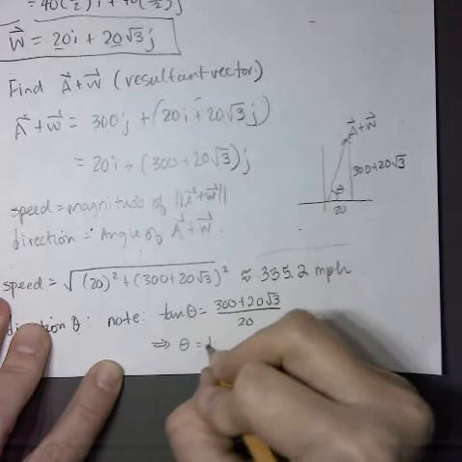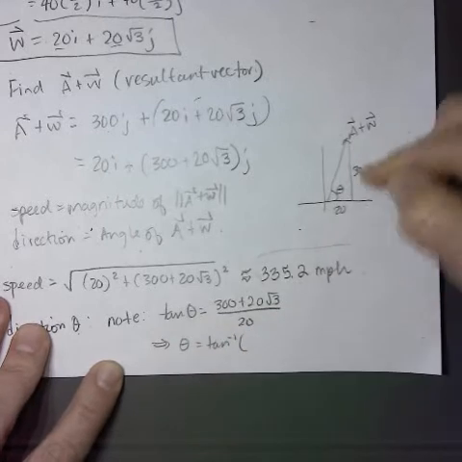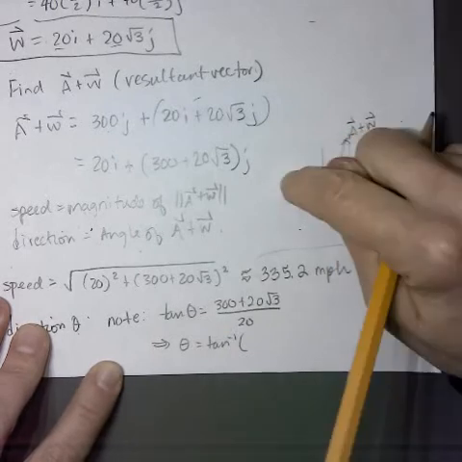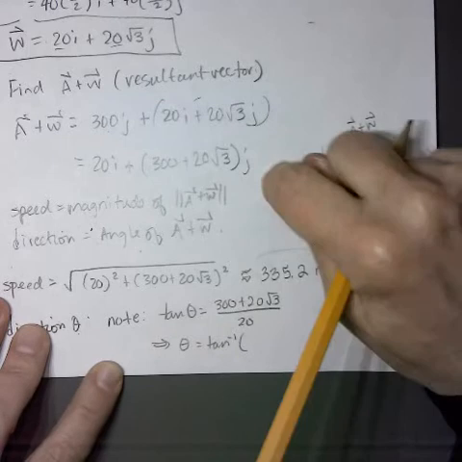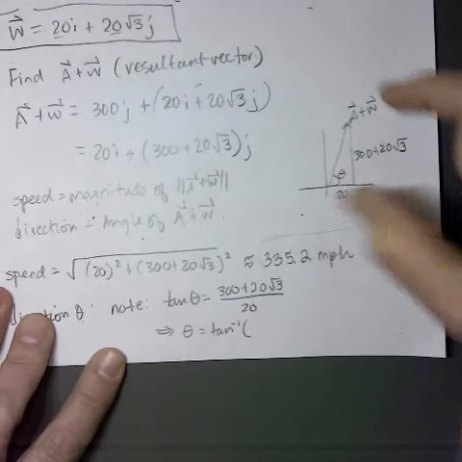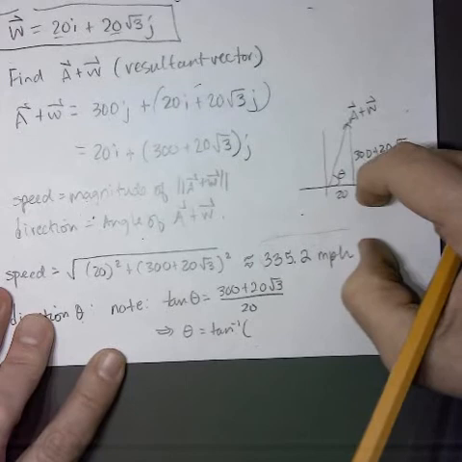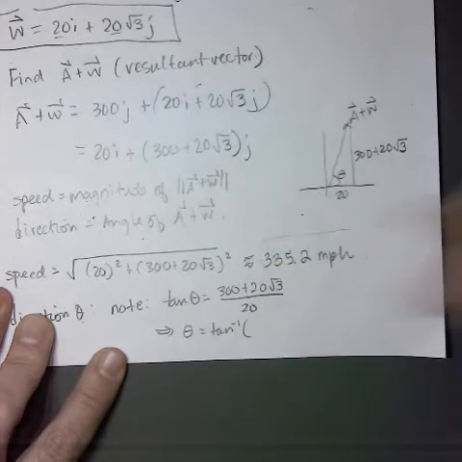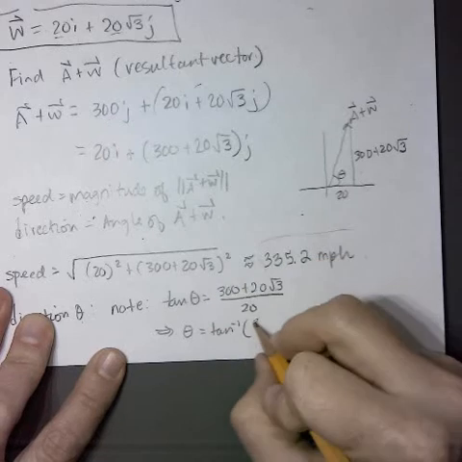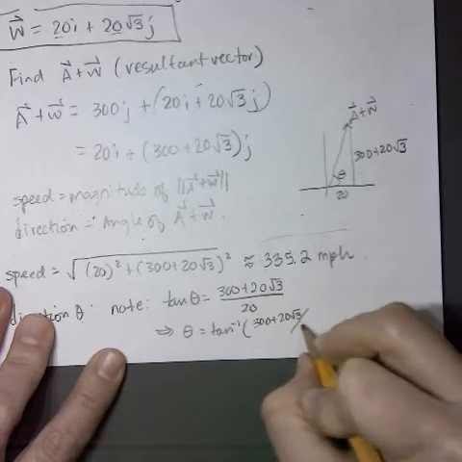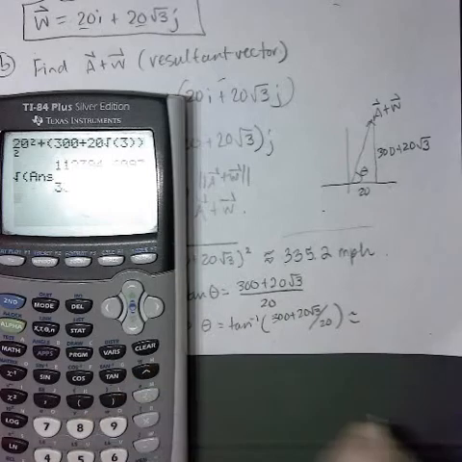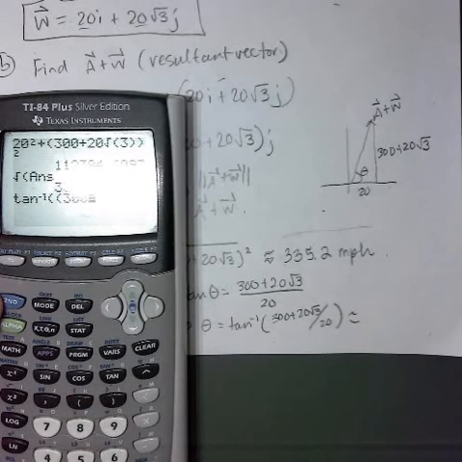Now with tangent inverse, of course, if you're over here, you have to be careful because it's going to give you an answer over here, and then you have to translate it. Tangent inverse will give you an answer in either quadrant 1 or quadrant 4. But tangent is negative in quadrant 2 as well, so you have to be careful. Okay, so 300 plus 20 radical 3 over 20. That is approximately, of course, double check and make sure you're in degrees, unless you really want to use radians.